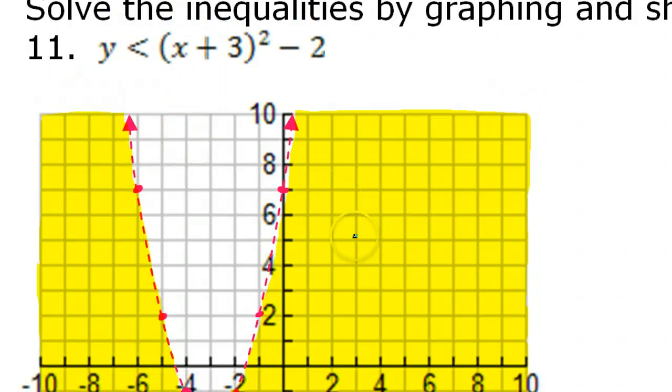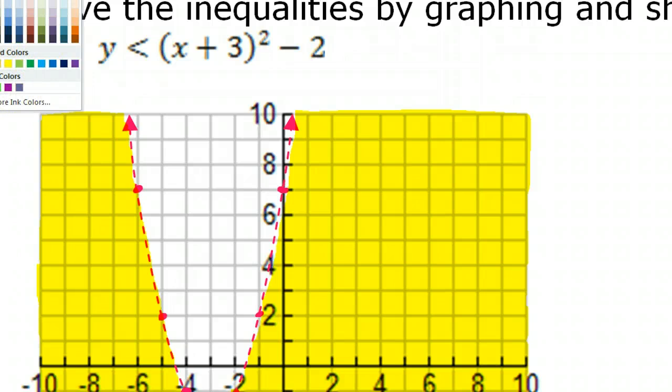If it makes a true statement, that means it is a solution, and that means all of its brothers and sisters in that zone are also solutions. If it's not a solution, that means none of its brothers and sisters in that zone are solutions.